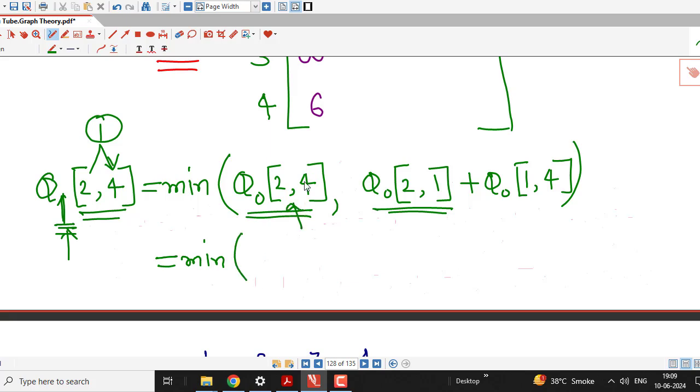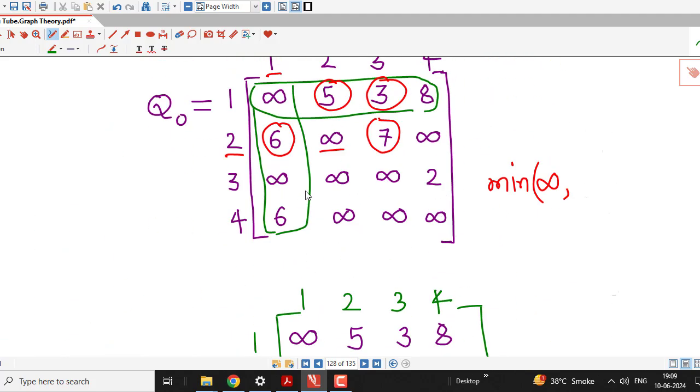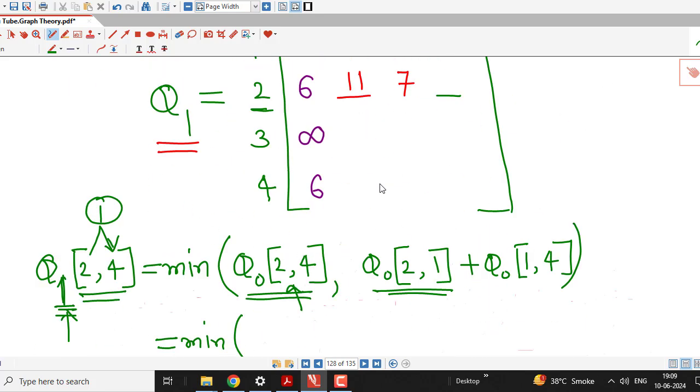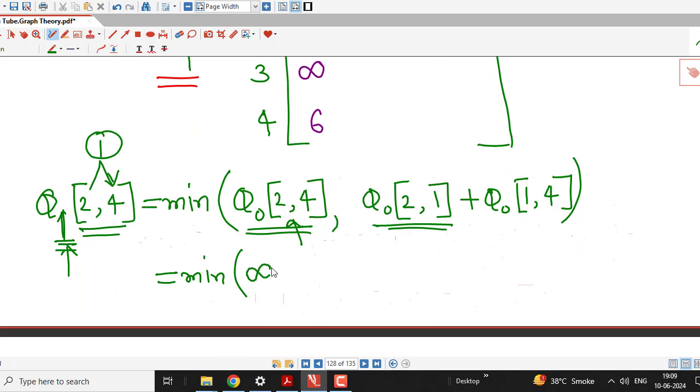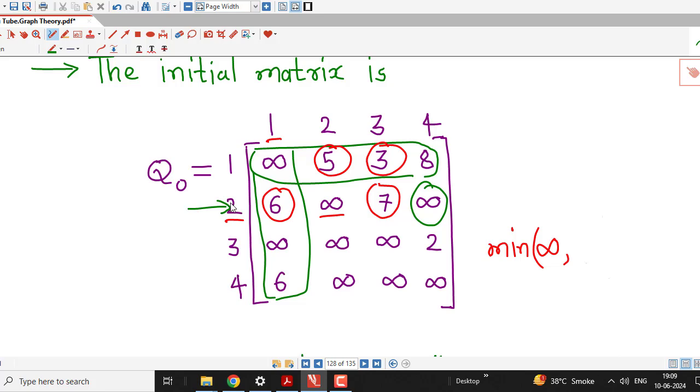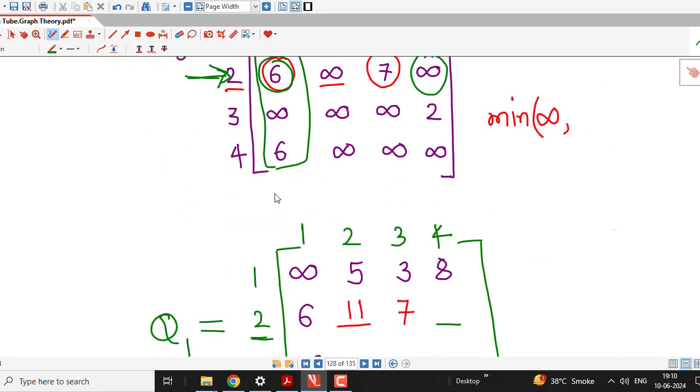For this I have to look at the second row and fourth column of Q0. This is second row, fourth column, it is infinity. So this is the 2, 4th entry of Q0, that I will write here, it is infinity. For this I have to write the entry in second row and first column of Q0. Second row and first column of Q0, that is 6.